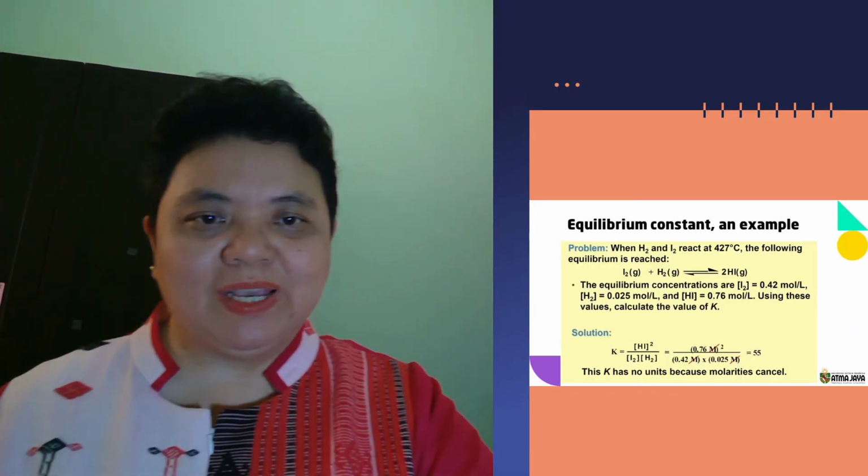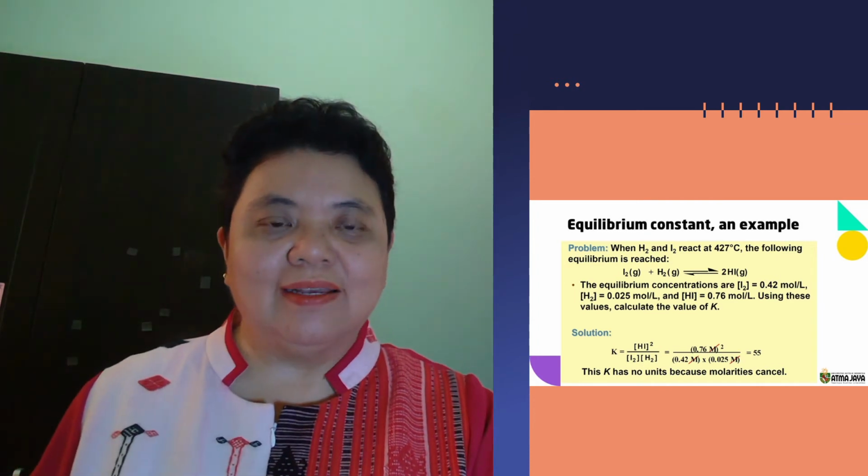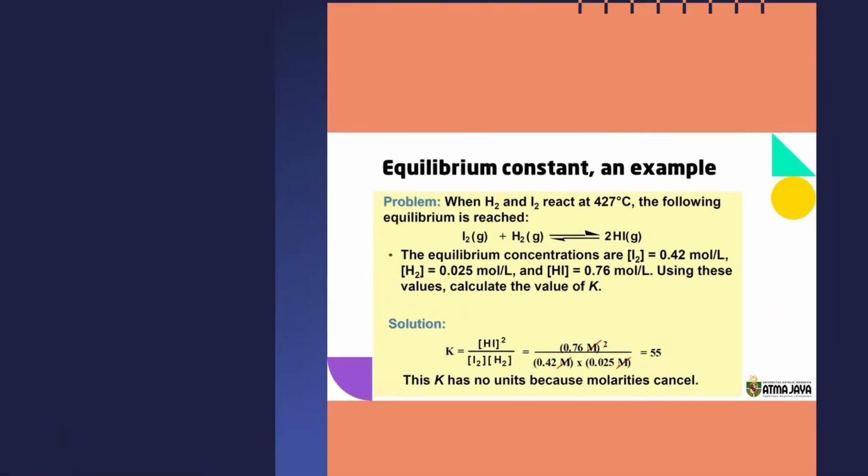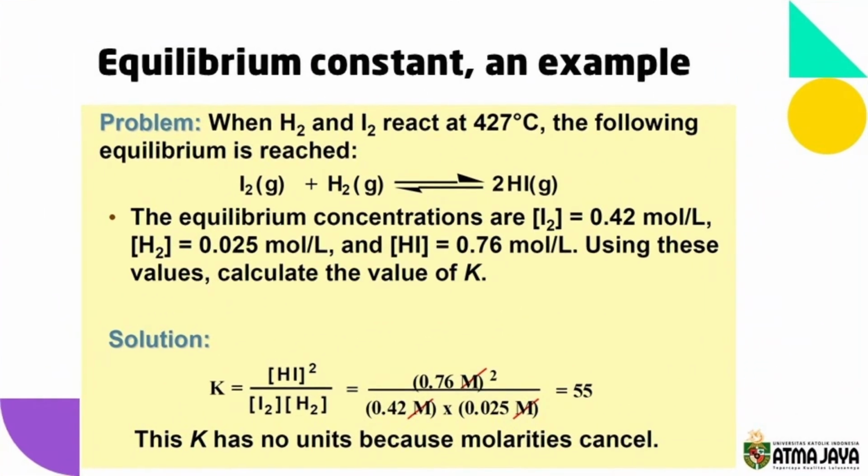So what is the application of that K formula? Let's take a look at the example here. The problem is you mix hydrogen gas and iodine gas, and they react at 427 Celsius in the following equilibrium: I2 plus H2 becoming 2HI.